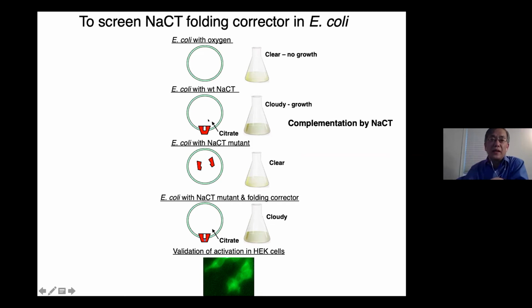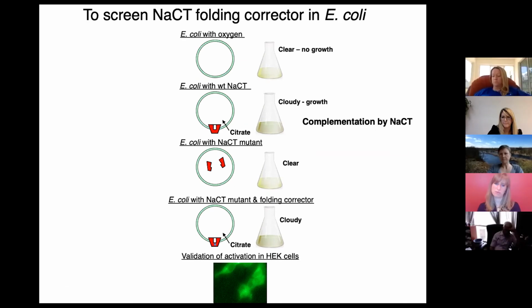If we introduce the human NaCT protein in E. coli, the cell will grow, and the media becomes less transparent, with a higher OD. If we put in a mutated NaCT mutant, which is either type 2B or type 1B, you would have a dysfunctional protein.